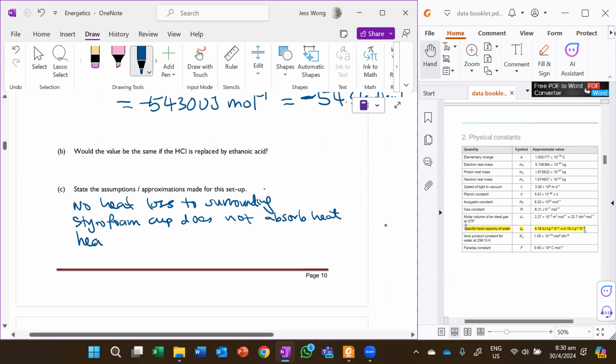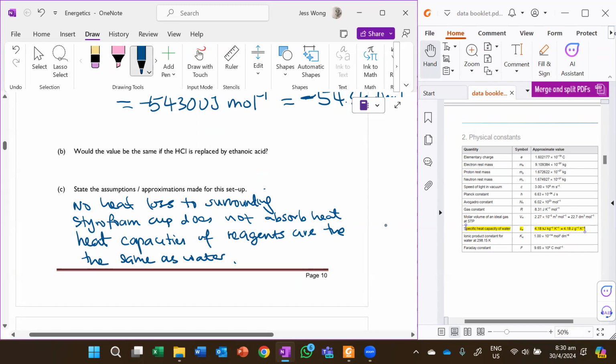The heat capacity of the acid and base, so the heat capacities of the reagents, are the same as the water. All right, and so on.